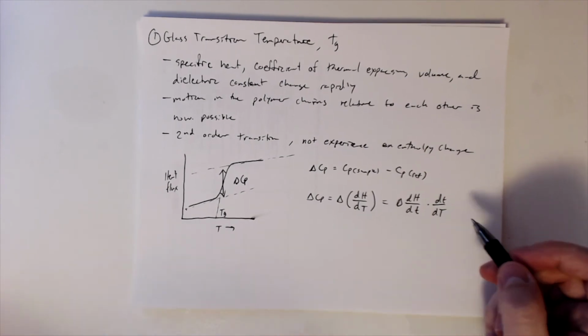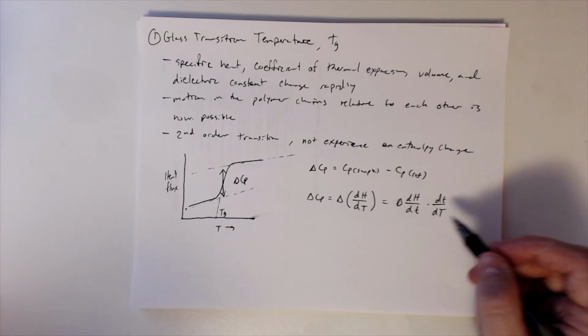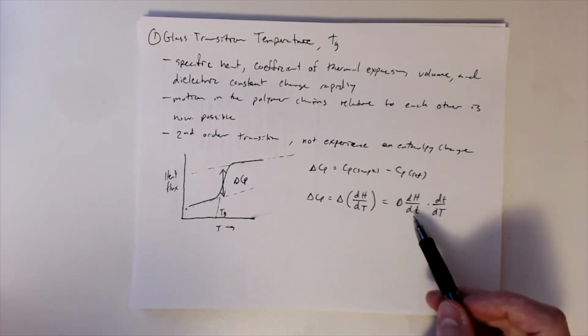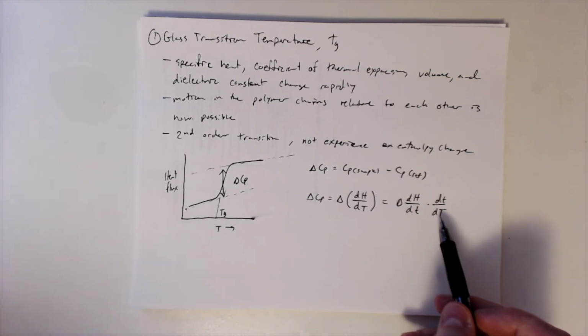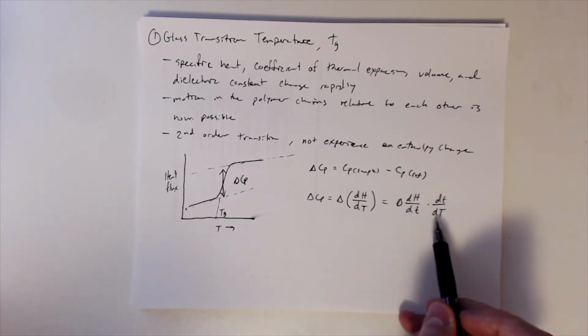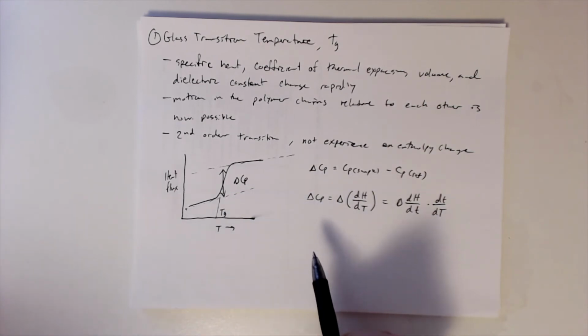So the inverse of the scan rate, temperature with time. And so we can calculate the heat capacity by knowing the heat flux or rate and the scan rate. So those are the two items that we would need to know to be able to calculate this.